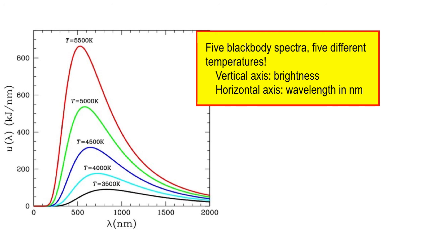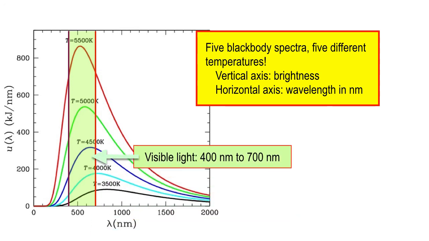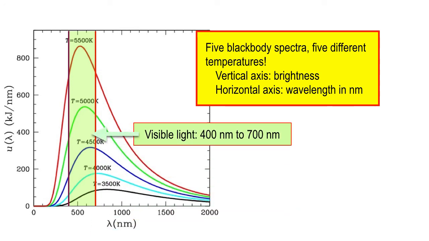Anyways, nobody could predict these curves. They could measure them, but nobody could understand and explain why nature does it. And here's visible light. Visible light is from approximately, go ahead and make a note of this, 400 nanometers to 700 nanometers.